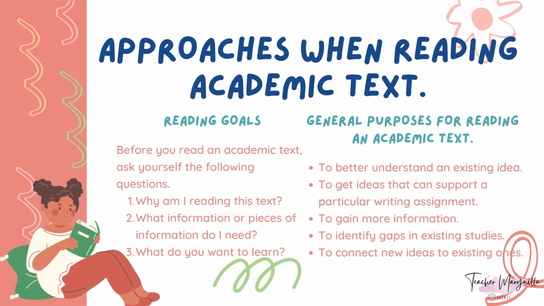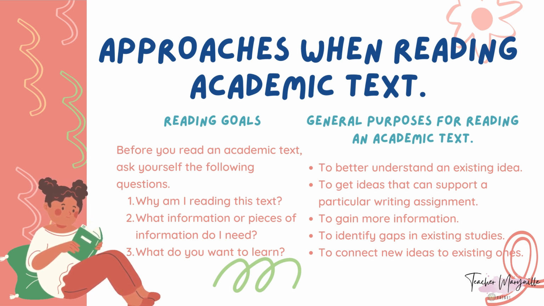I know some of you are hesitant to read an academic text because some may find it boring or exceedingly long to read. But there are approaches you can use to understand more the content when reading academic texts. Before you read an academic text, you should know your goals. So, you need to ask yourself the following.